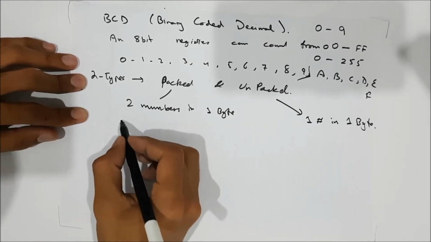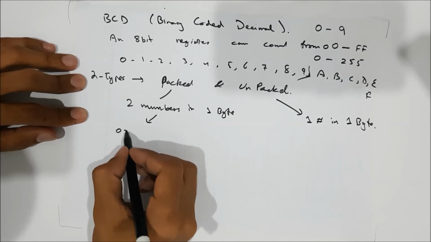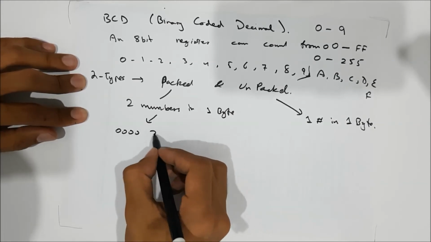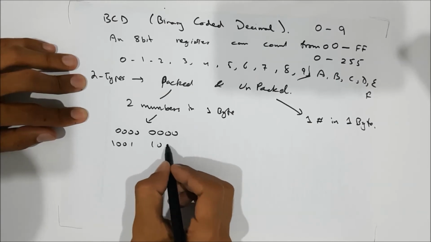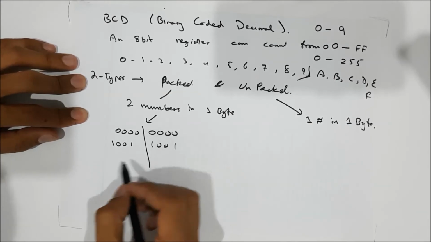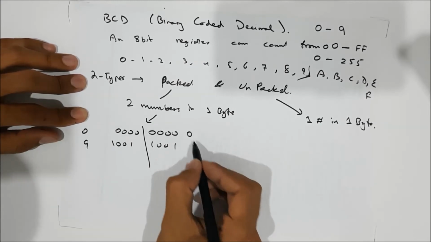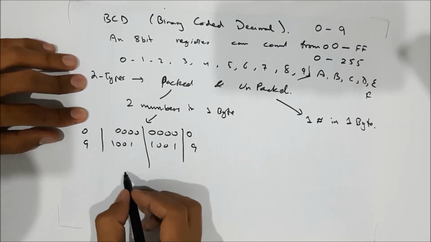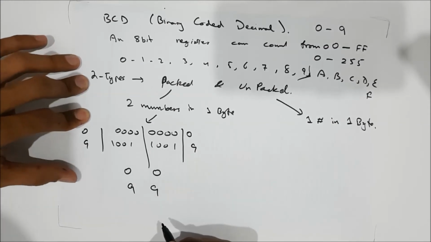What this means is 0000 0000 to 1001 1001. So they are two separate numbers from 0 to 9 and from 0 to 9, and this means that this packed number can range from 00 to 99.